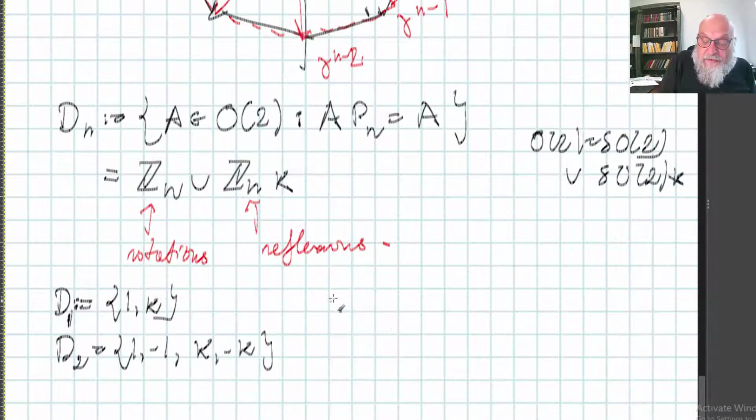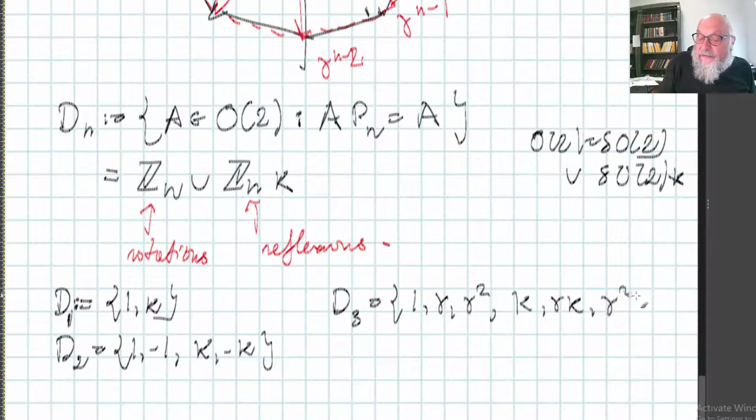So those are the simplest dihedral groups. And then we have here D3, which will be 1, and this will be gamma, this will be gamma squared, and this is kappa, and this is gamma kappa, gamma squared kappa, and here gamma is equal to e to the i 2 pi divided by 3, and maybe D4.